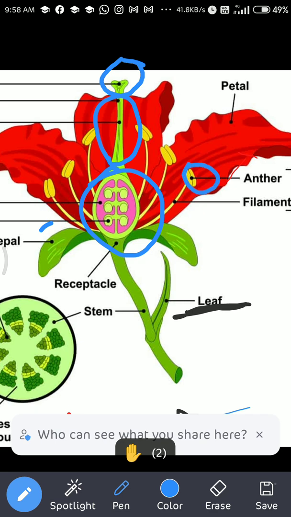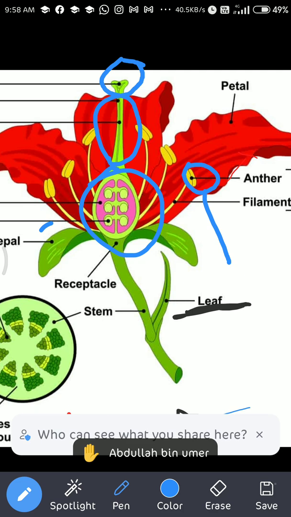So inside the anther, pollen grains are there, like inside the pistil, ovules are there. In the same way, inside the anther, pollen grains are there. When they mature inside the anther, then the anther bursts open and the pollen grains are exposed to the atmosphere.